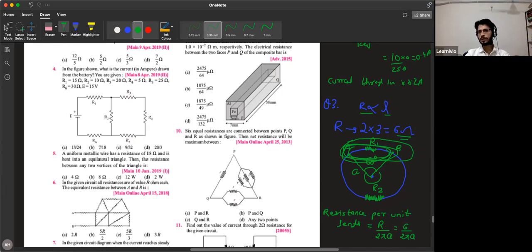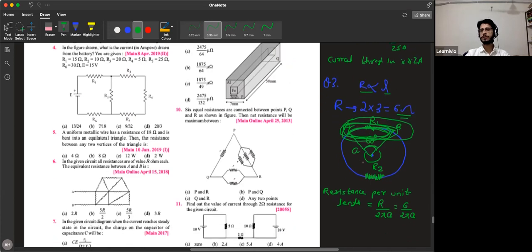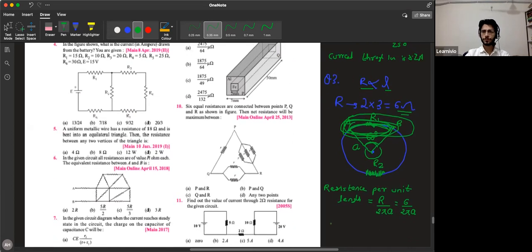Now R1 is the resistance for this much length. How much is this length? This length is subtending an angle of 60 degree. You can calculate this length using the formula. So resistance R1 is resistance per unit length, which is 6 by 2 pi A, multiplied by this length. See, angle is length of arc divided by radius of arc. So length is angle multiplied by the radius. Angle is 60 degree.